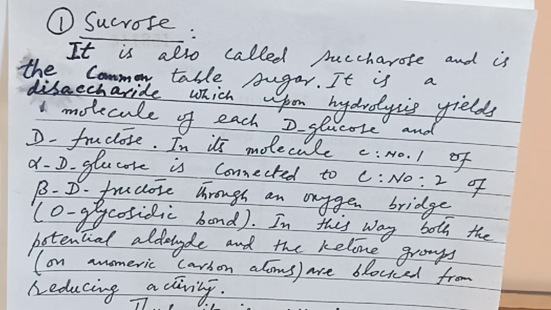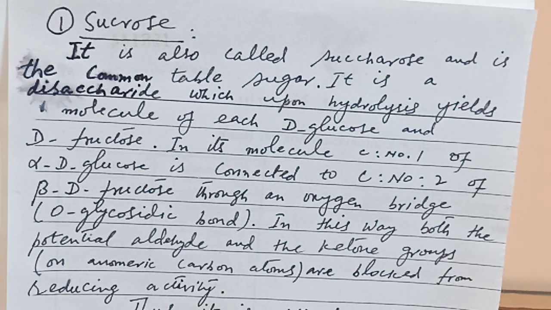I will discuss this very important salient characteristic property of sucrose. In its molecule, the carbon number 1 of alpha D-glucose is connected to carbon number 2 of beta D-fructose through an oxygen bridge, that is an O-glycosidic bond.